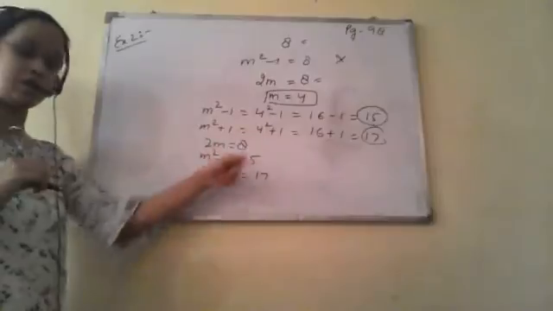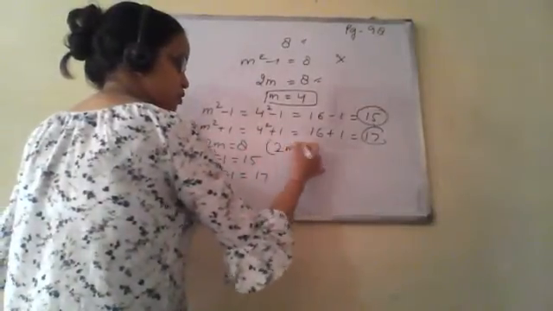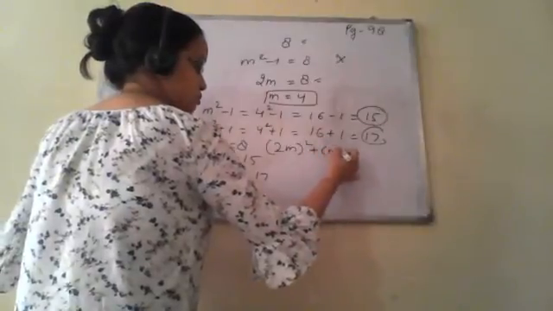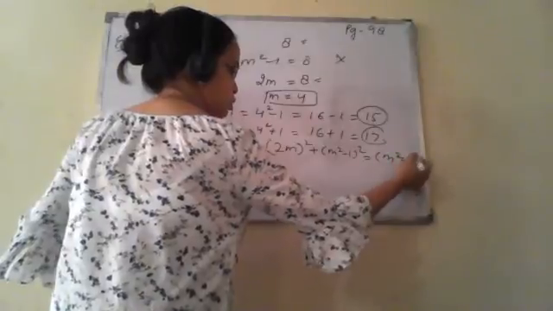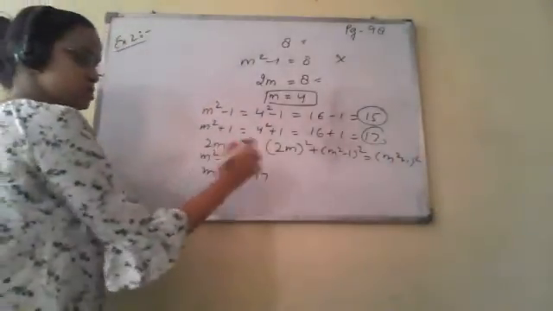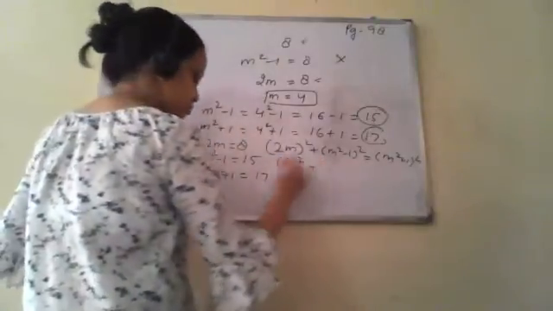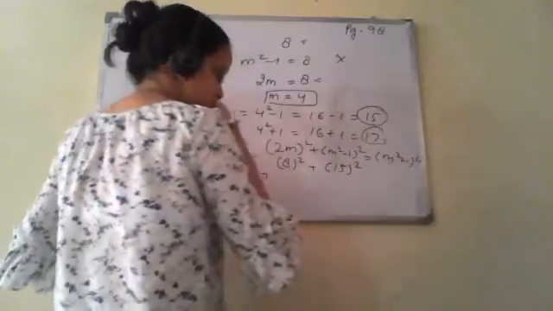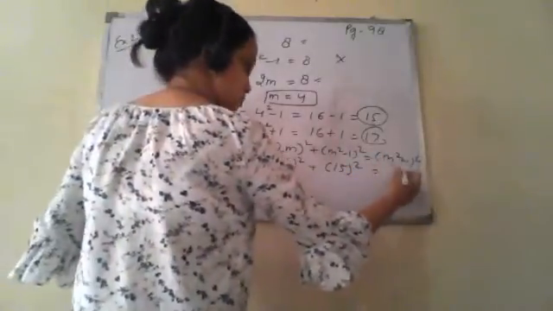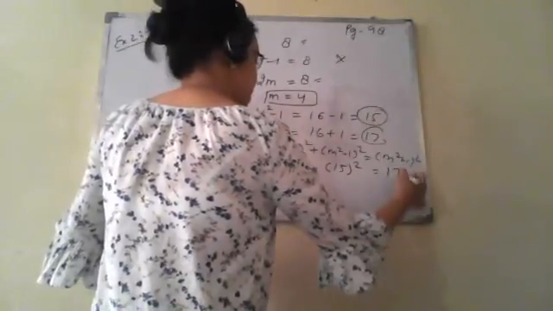Now we have to check whether 2m square plus m square minus 1 whole square equals m square plus 1 whole square or not. Now 2m is 8, so 8 square, the value of m square minus 1 is 15, so 15 square, and m square plus 1 is 17, so 17 square.